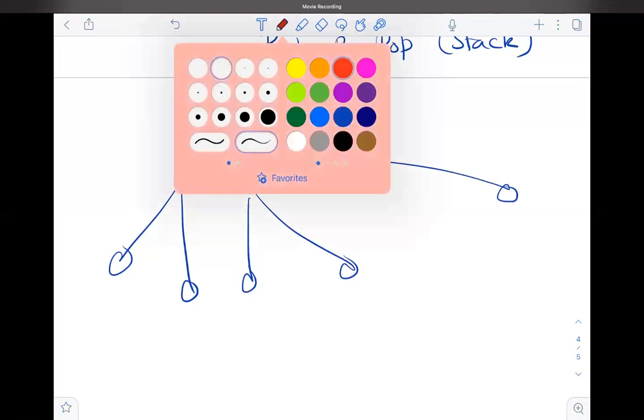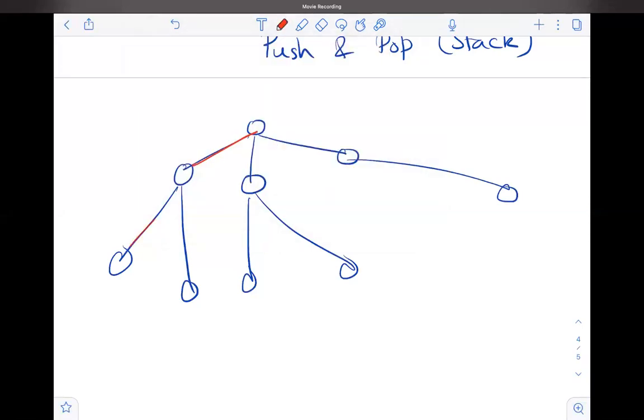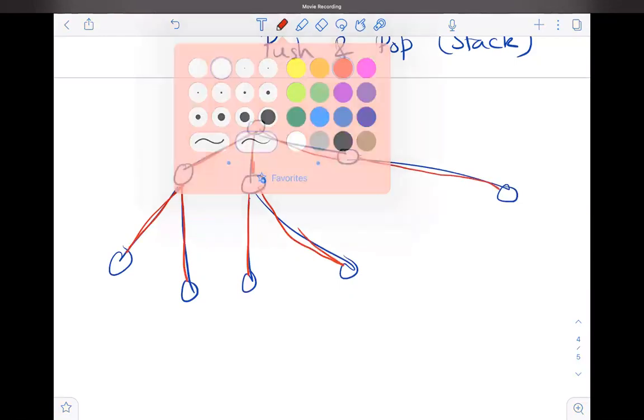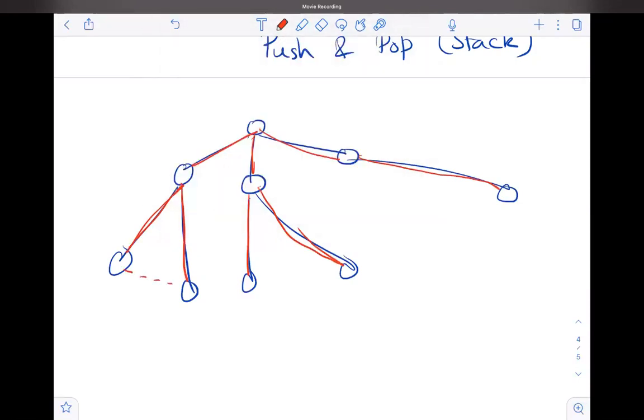So these are the red edges, the edges that we have used in the tree. These are called the tree edges. But in the graph, there are also the other edges, which I will draw as dotted edges, like this.